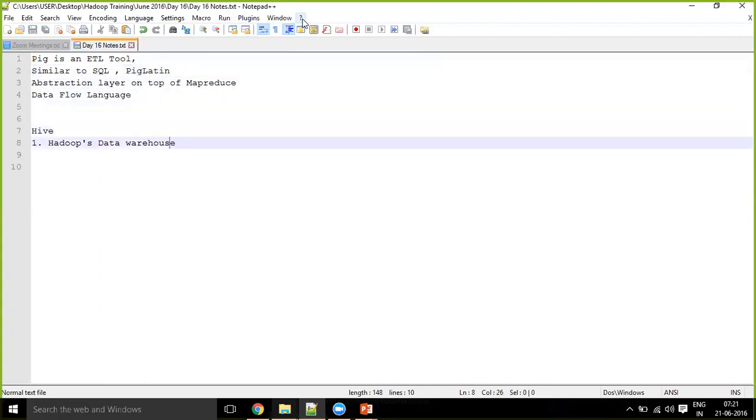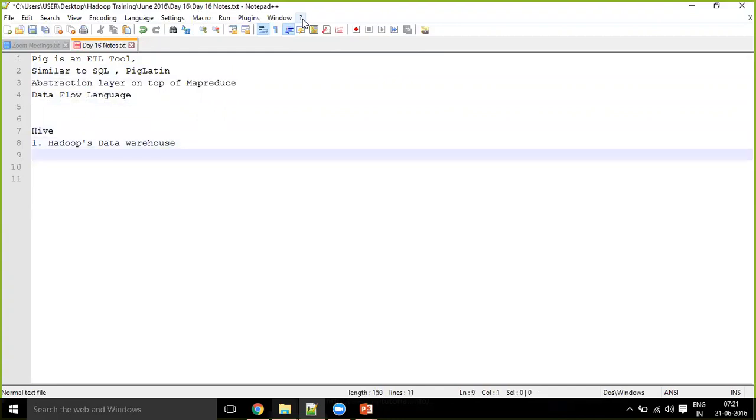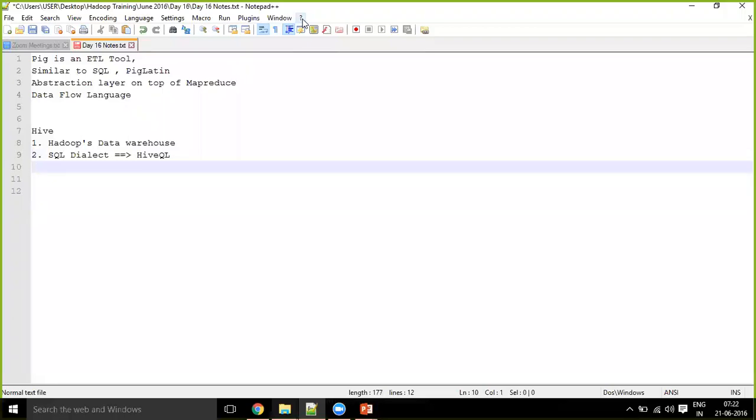Now coming to Hive, it uses SQL dialect, which is HiveQL, Hive query language. Almost same like your MySQL queries, MySQL query syntaxes, all the commands.